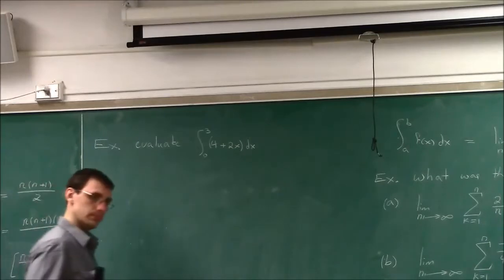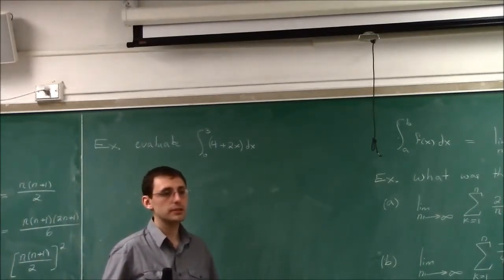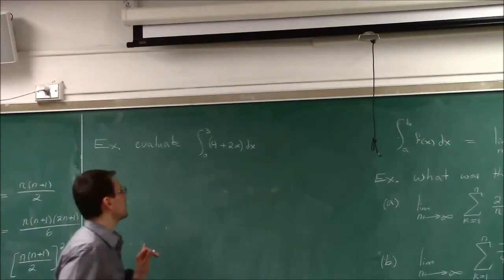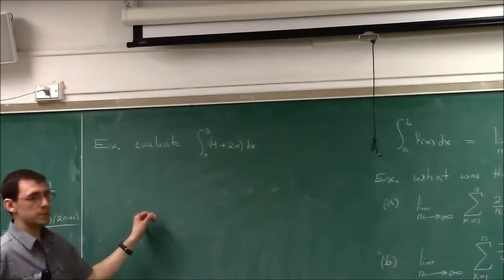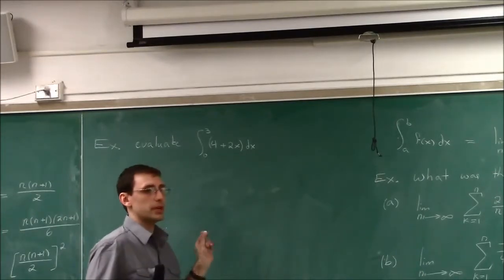If it doesn't say otherwise, we assume it's left to right. You can use right hand. I'm going to explain; left hand is really the same, but you just pick the left hand point. You can use whichever you want. I prefer the right hand point.